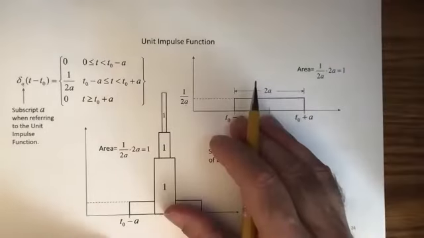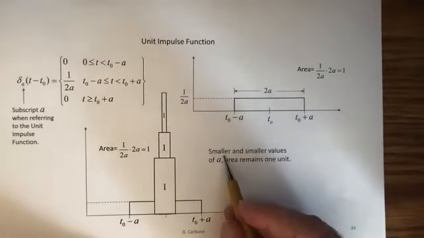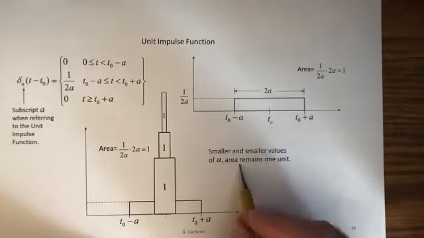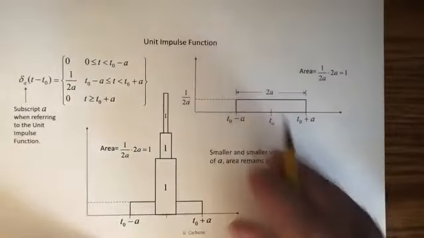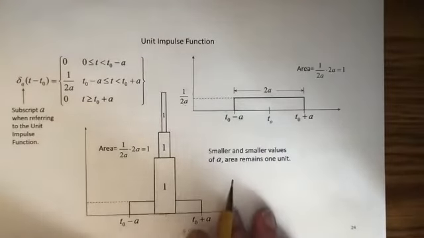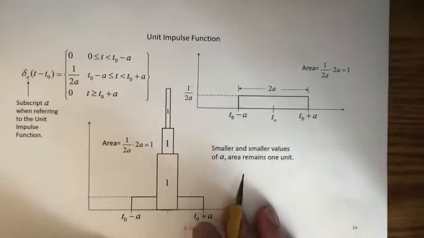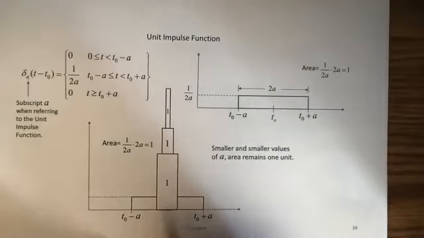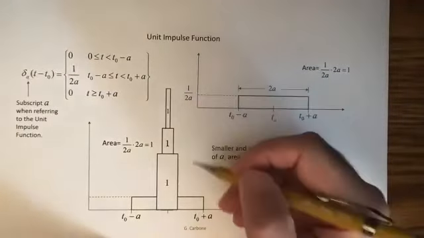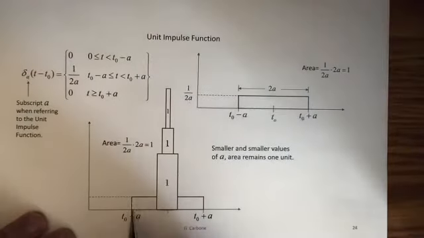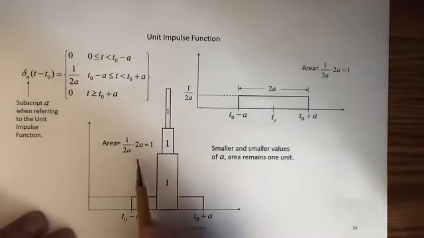All right. Now, if I take smaller and smaller values of a, the area still remains 1 unit. I tried to draw this where the area is the same: this area is the same as this area, same as this area. But what we're doing is taking smaller and smaller values of a.